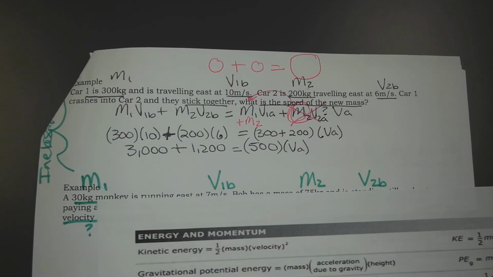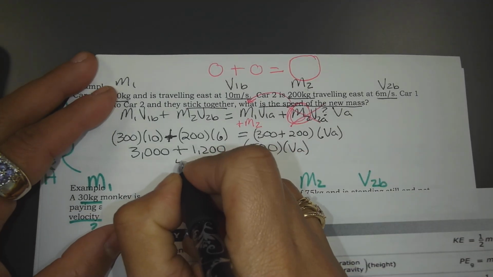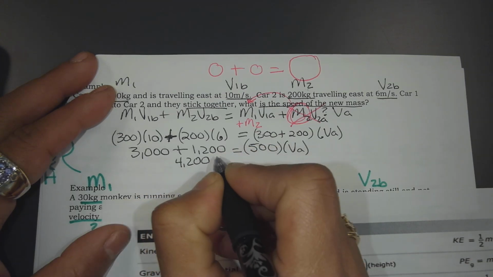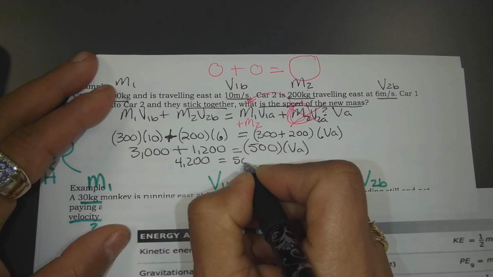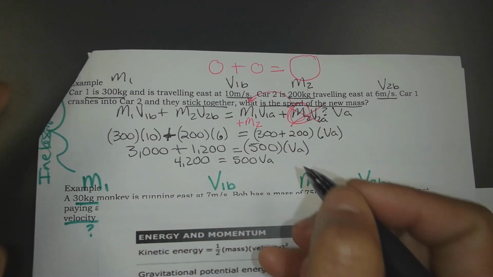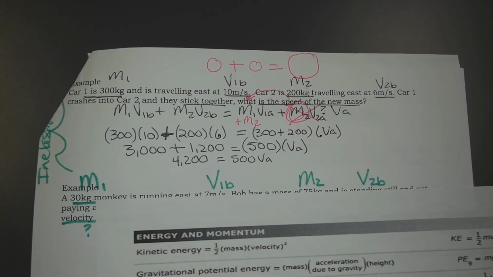All righty. Again, let's keep going. I'm going to just do this step by step. 3,000 plus 1,200 is going to be 4,200 equals 500 VA.